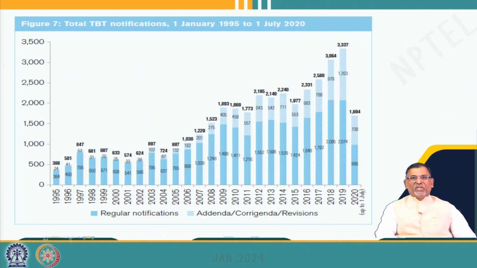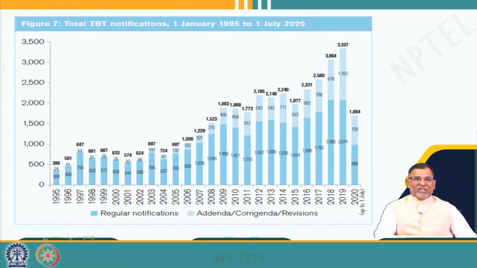Take the last decade, the largest number; the 2020 data is only up to July, and I am very sure that the data from 2020 onwards may be higher than 2019. You can see that during the pandemic period, the members adopted more technical regulations. From 2019 to 2023, more regulations came into place mainly because of the pandemic.